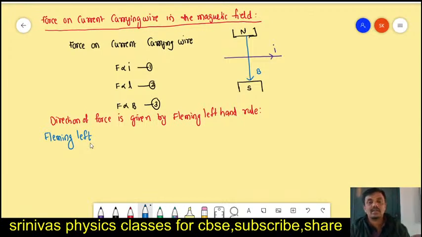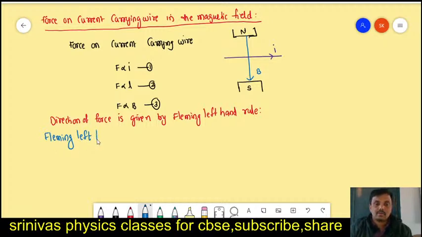Why is the force acting? Because the current carrying wire produces a magnetic field around it, and this magnet also produces a magnetic field. These two magnetic fields either attract or repel, due to which the current carrying wire kept in the magnetic field experiences a force and deflects.